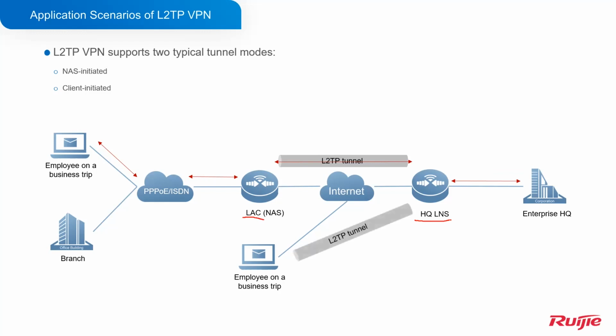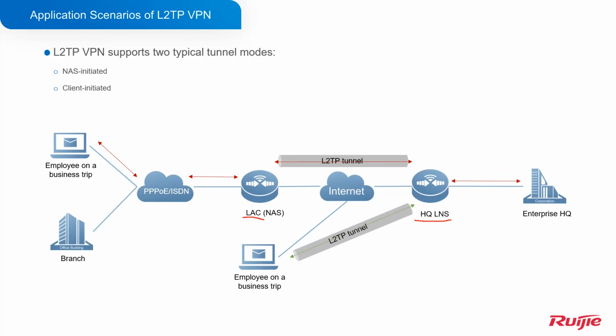The second one, you can also directly deploy the L2TP tunnel between the terminal and the headquarters. This one we call the client-initiated L2TP VPN, and between them, we can send out messages.